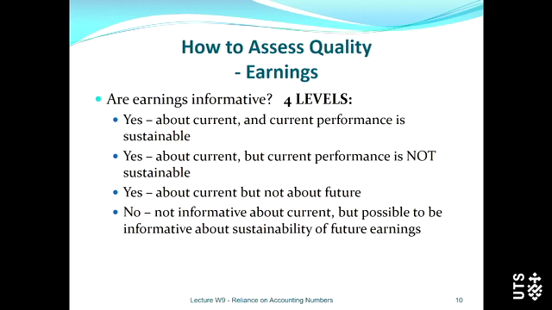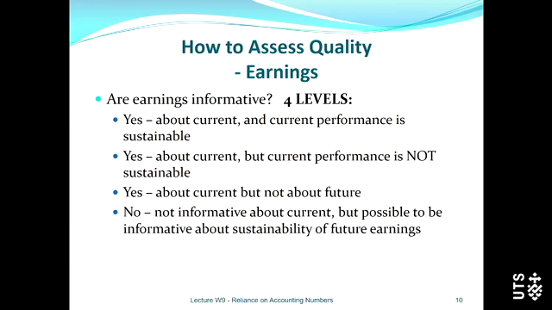There's a lower level of information in earnings where we have information about current earnings but no information whatsoever about what's expected to happen in the future. So the difference here is you will still have your income statement with your earnings, but the discussion of the management in the notes will be, at the higher levels, a lot more detailed about what this means in terms of what's happening in the future.